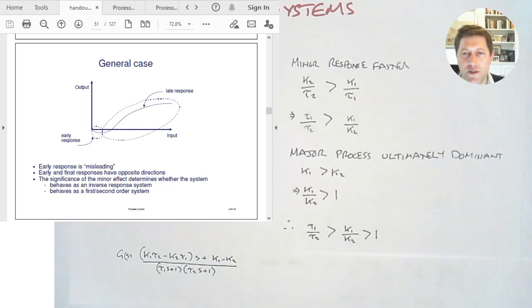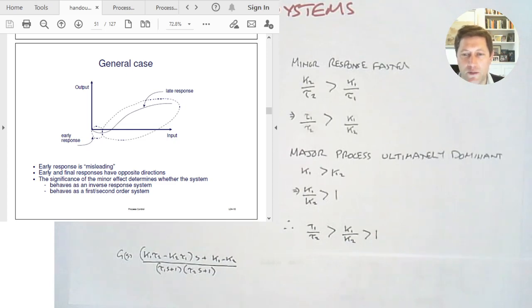So the magnitude of this response indicates the gain, and so if the magnitude is 0, as it is here, then that must mean the gain is 0 at that point. And that corresponds to the numerator of our transfer function being equal to 0.